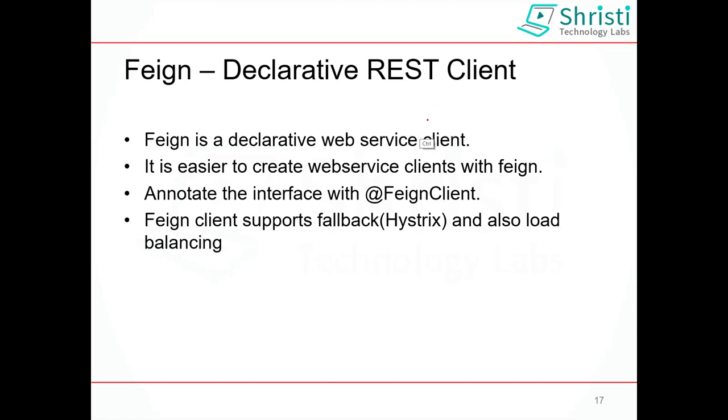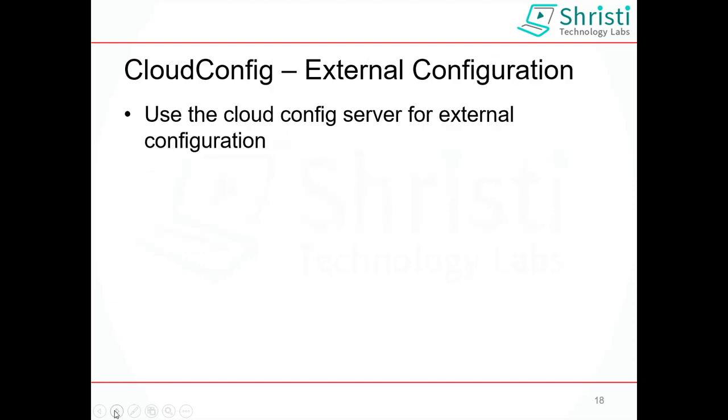Instead of you writing the raw code completely, if you are using Feign, Feign will help in creating the web service client for your microservice. While doing the application, you will understand that part. And the purpose of cloud config server is for external configuration. This is about the components of Netflix OSS.